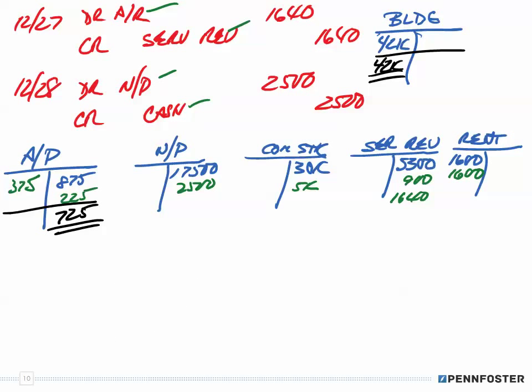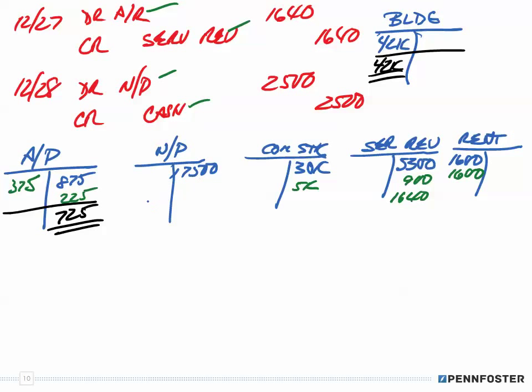For our notes payable, it's 20,000. Oops, well, I made a mistake somewhere. It's back up here. Yep, there's my mistake. And anybody who was watching this video was probably screaming, "Hey, you made a mistake." Well, this is what happens when you make mistakes.